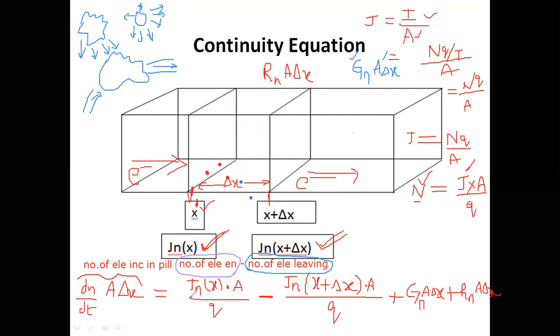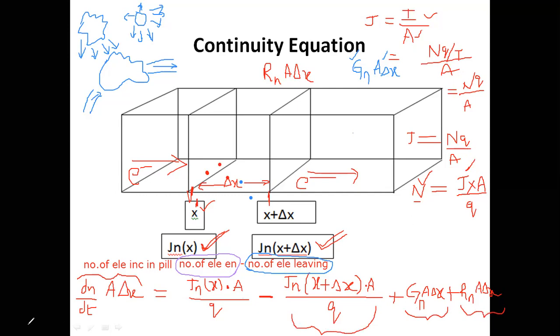Where Jn of x into A by q is the number of electrons entering the pillbox. This is the number of electrons leaving the pillbox, and this is the generation of charge carriers, meaning generation of electrons inside the pillbox, and this is the recombination rate of charge carriers inside the pillbox.